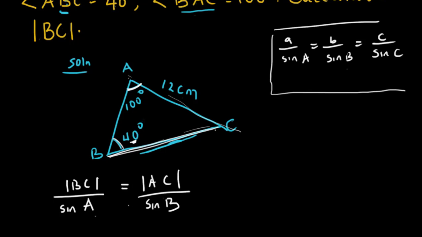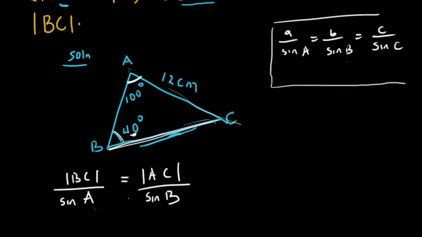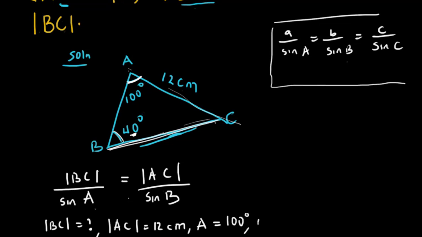Alright, so let's slot in the values. From the diagram, we know that BC is what we are looking for. We know AC is 12 centimeters. We know that angle A is 100 degrees, and angle B is 40 degrees.